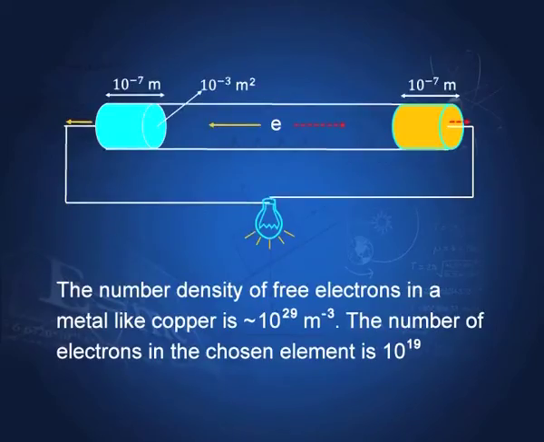You can see it is a huge number, and in half a cycle all the electrons just move from the wire to the outer circuit, to the bulb in this case. For the next half cycle, 10 to the power 19 electrons would move from this end to the bulb.